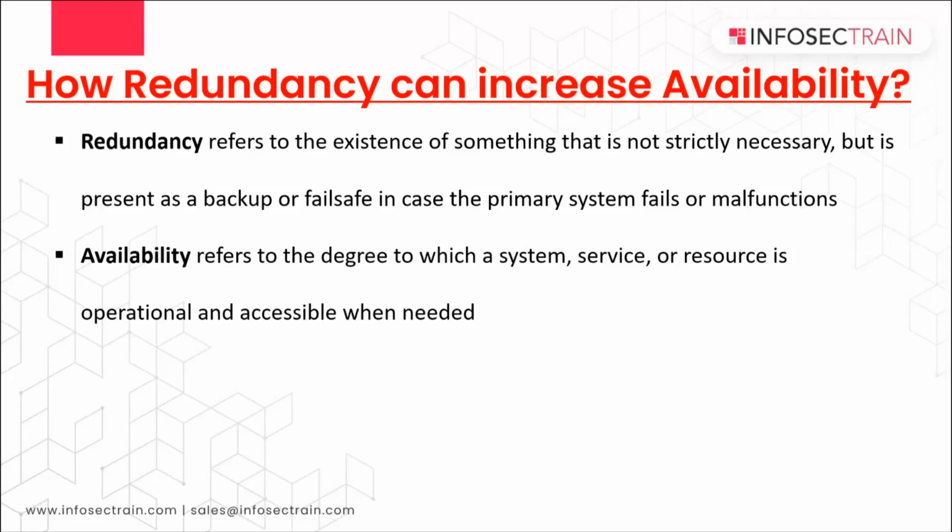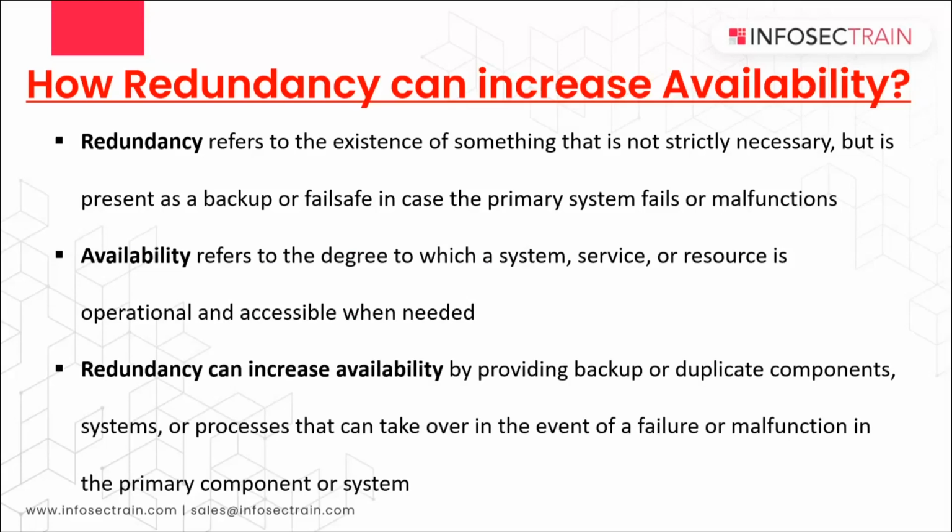Now, how can redundancy increase availability? Redundancy can increase availability by providing backup or duplicate components, systems or processes that can take over in the event of a failure or malfunction in the primary component or system.